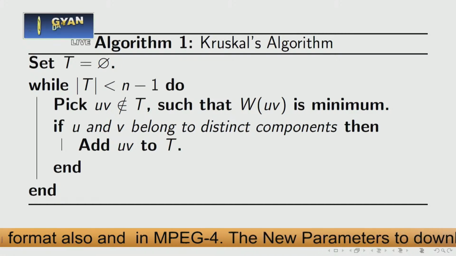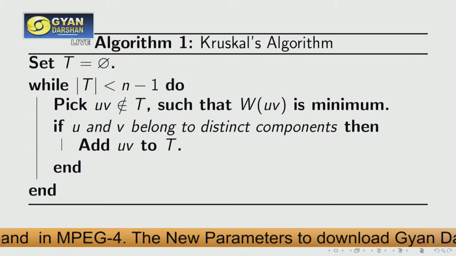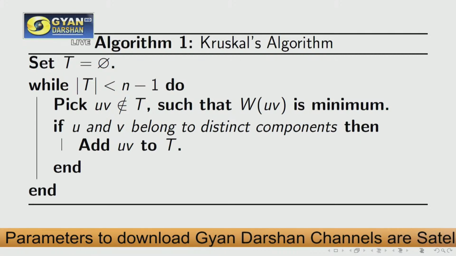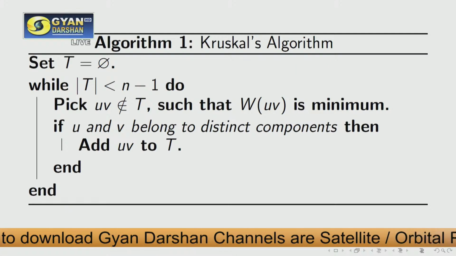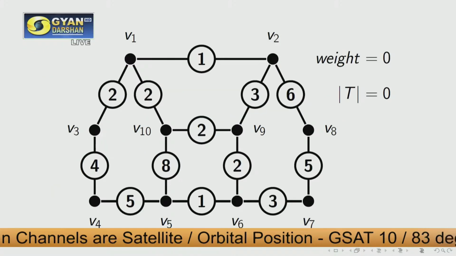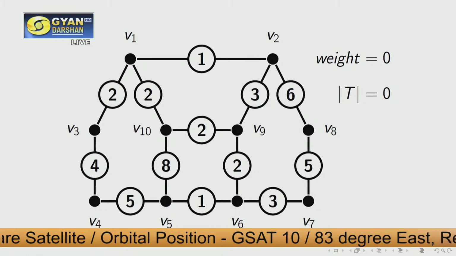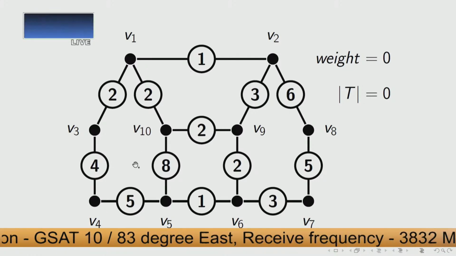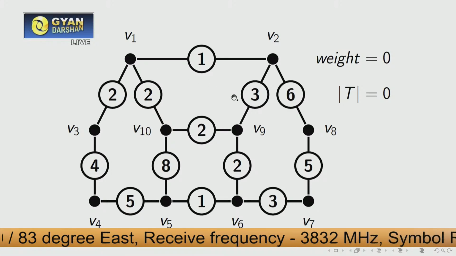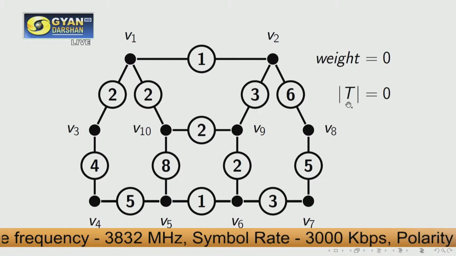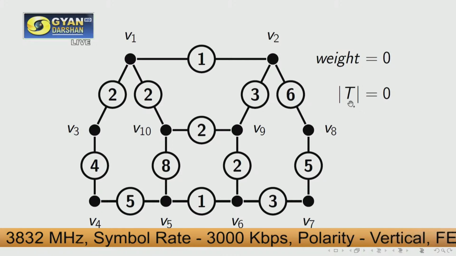Now of course, what is the guarantee that this algorithm gives the correct answer? We shall shortly see, but let's first look at an example. This is the same graph we discussed in the beginning. It's a weighted graph. Initially the weight is 0 and T has no edges, so the size of T is 0.